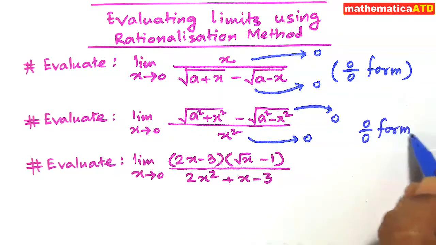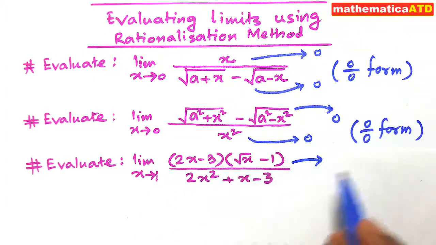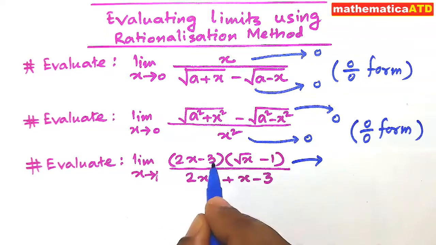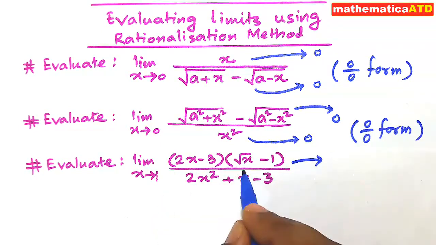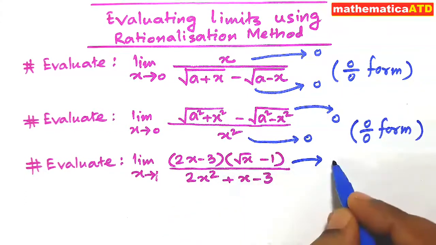It's an indeterminate form. From the third example, we see that at x equal to 1, the numerator becomes 0. How? This is 2 into 1 minus 3, that means minus 1, into root over 1 minus 1. This is 1 minus 1 means 0. So the numerator becomes 0.